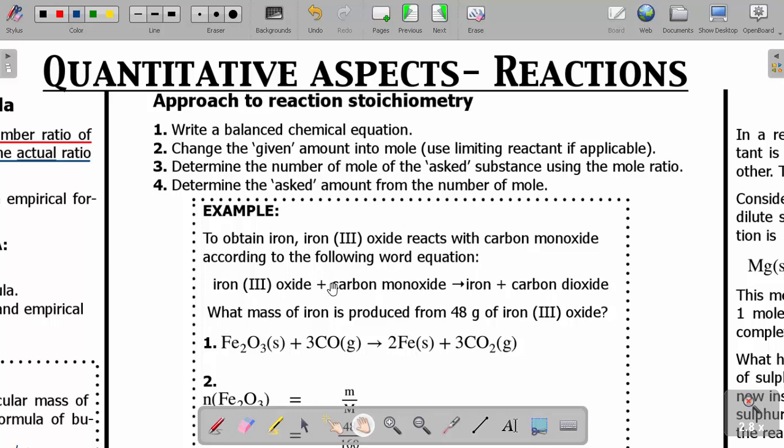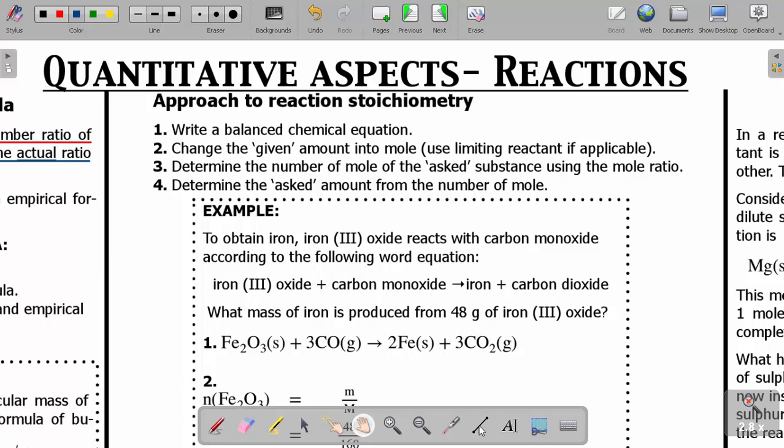For example, iron 3 oxide reacts with carbon monoxide according to the following word equation. That's to say iron 3 oxide plus carbon monoxide giving us iron plus carbon dioxide. The question says, what mass of iron is produced from 48 grams of iron 3 oxide?